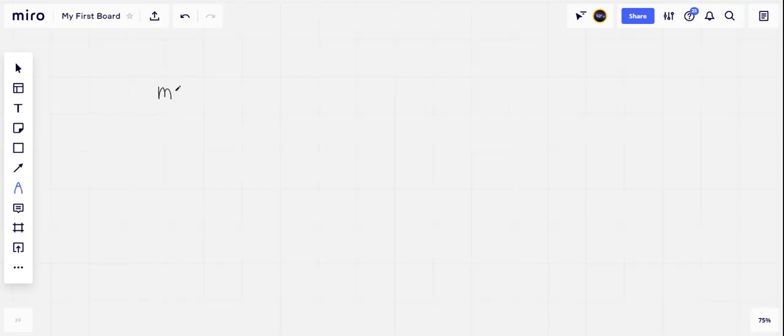Now, we can first find the maximum speed of the train, which will always be the same. So the maximum speed is given in kilometers per hour, and this is 95 kilometers per hour, and we'll convert this to meters per second. So that's 1 meter per second over 3.6 kilometers per hour.